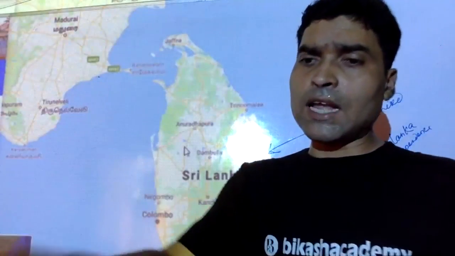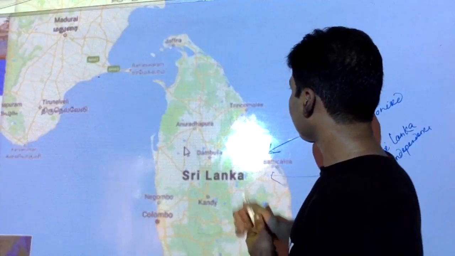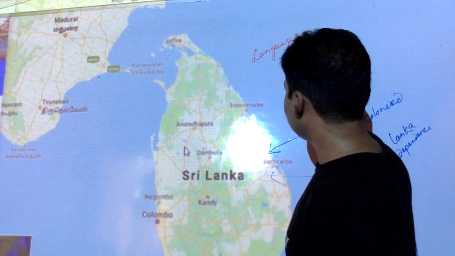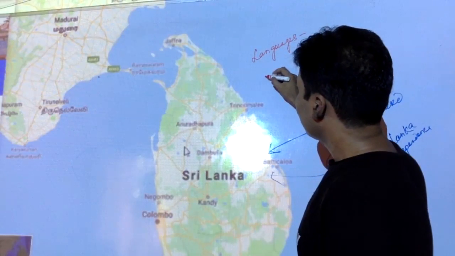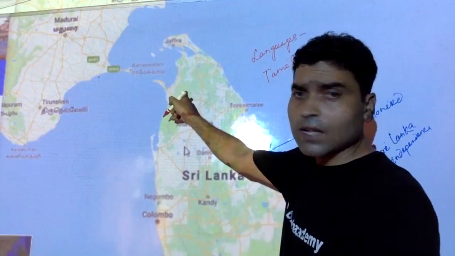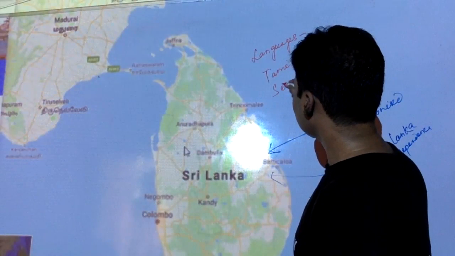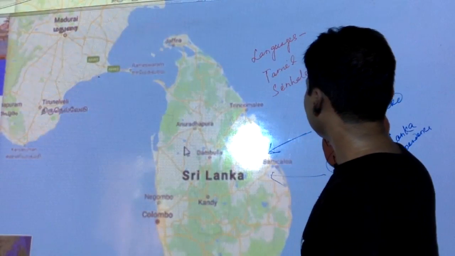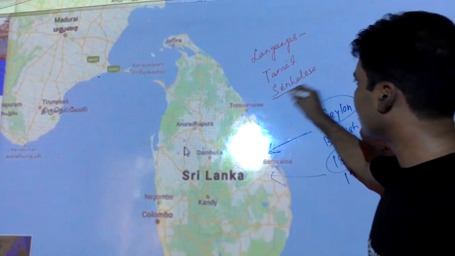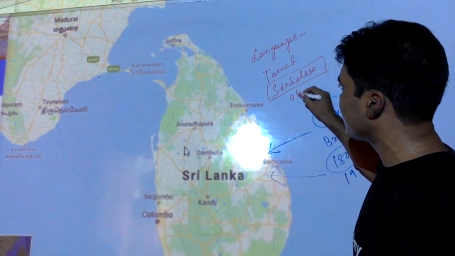Now we'll talk about the languages of Sri Lanka. So please remember the languages. One is Tamil, very simple, because Tamil Nadu is very close to Sri Lanka, and also Sinhali. Sinhali is also the other name of Sri Lanka.